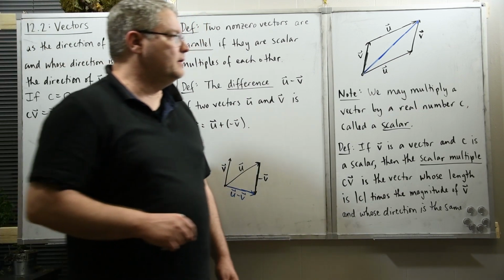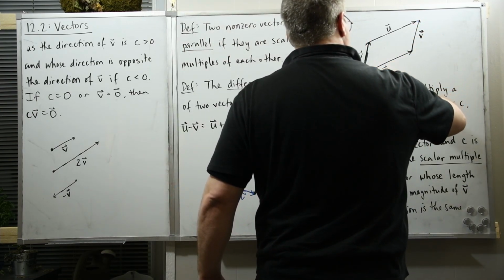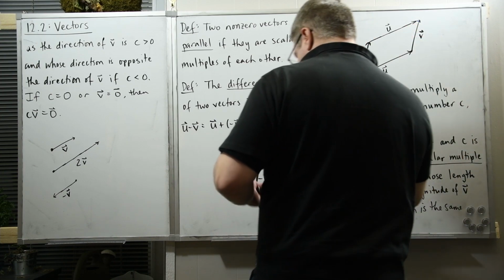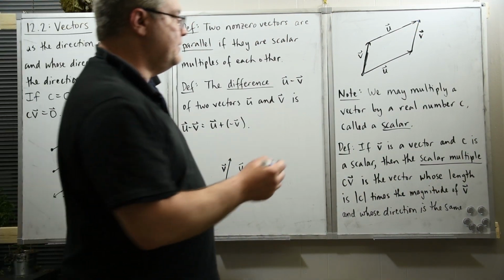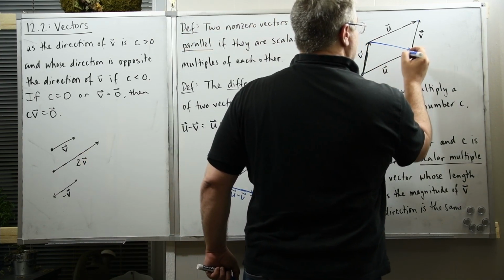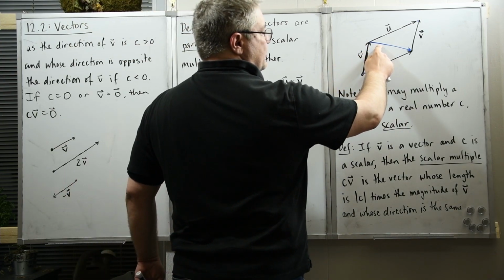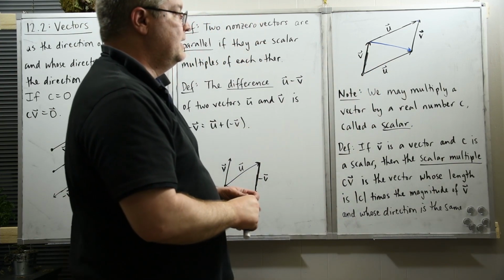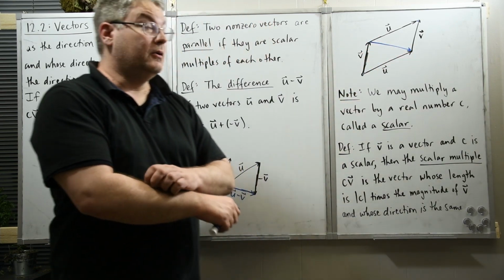Now, if I were to erase this vector, and let's say that I draw a vector that goes across the other diagonal, notice this blue vector has its initial point at the terminal point of v. That means that v plus this vector is equal to u.